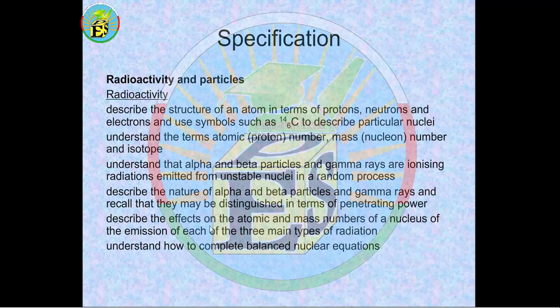Describe the effects on the atomic and mass numbers of the nucleus of the emission of each of the three main types of radiation. Understand how to complete a balanced nuclear equation.